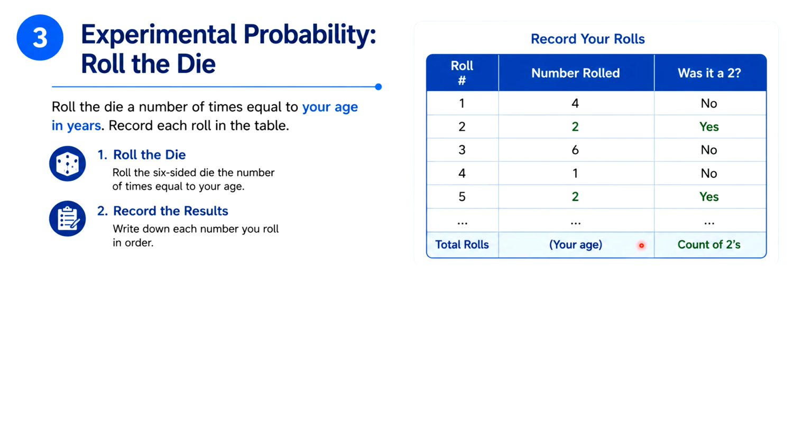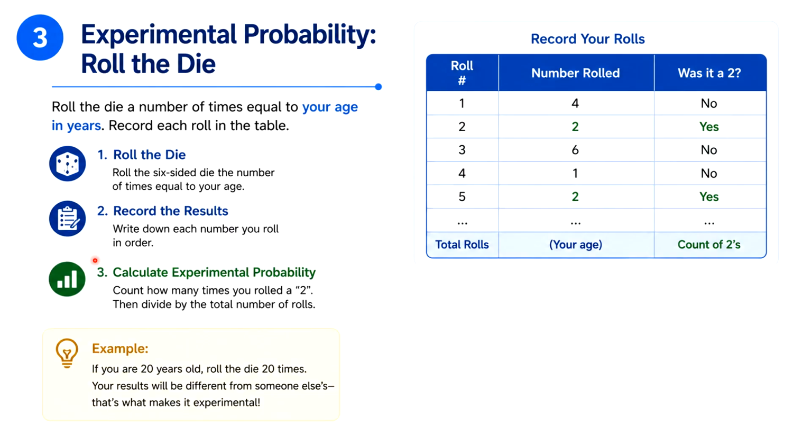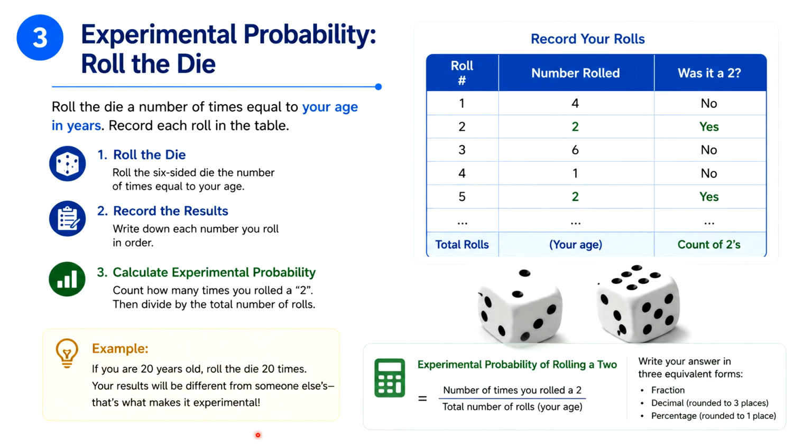Once you finish rolling, count how many times you rolled a 2, because you're going to use that result to calculate the experimental probability of rolling a 2. So just like the previous question, write your answer in three equivalent forms: as a fraction, as a decimal rounded to three decimal places, and as a percentage rounded to one decimal place.